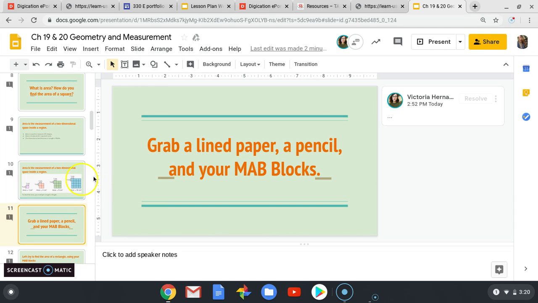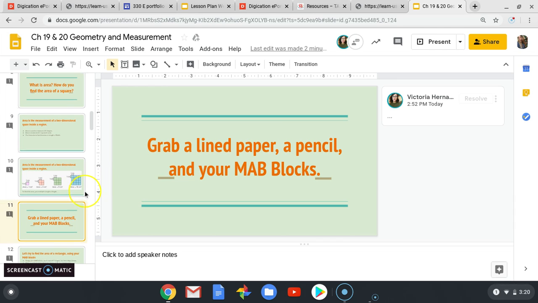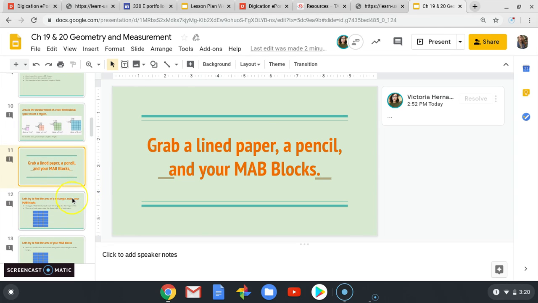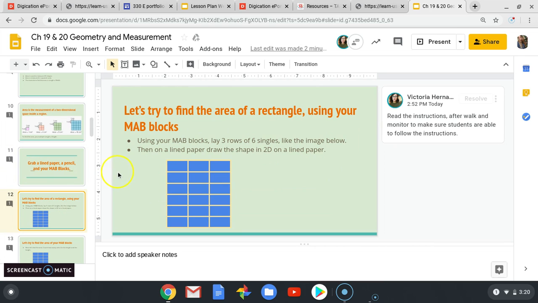So students, now that you've written all these notes down to refresh your memory on area, you need to grab a lined piece of paper, a pencil, and your MAB blocks. I want you to try to find the area of a rectangle using your MAB blocks.